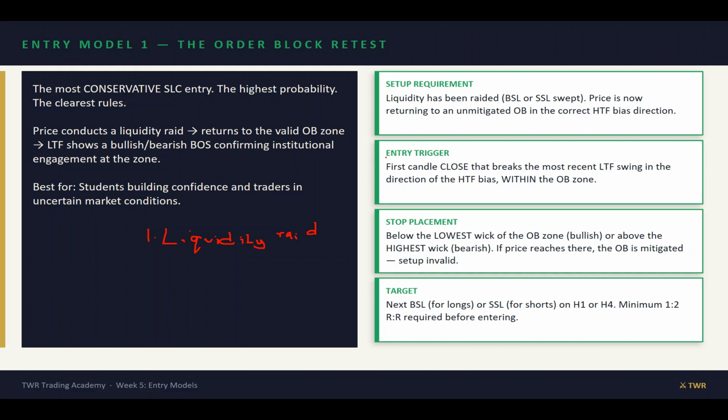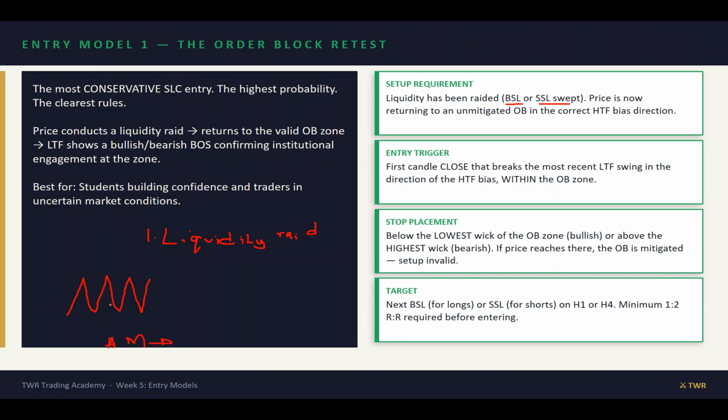So I'm going to show it. Number one, setup requirement: liquidity has been raided. Buy side liquidity or sell side liquidity has been swept. We talked about the liquidity cycle, AMD: accumulation, manipulation, and distribution.